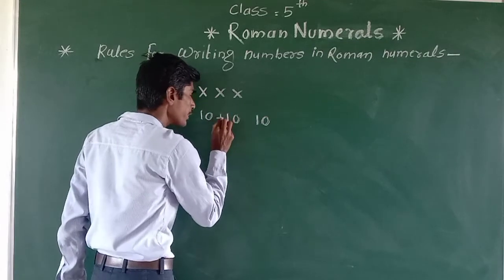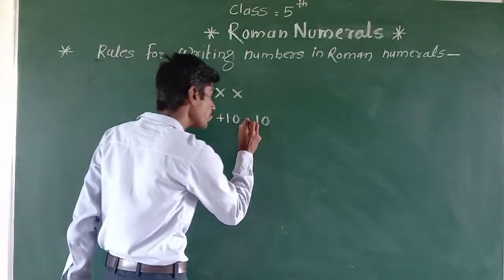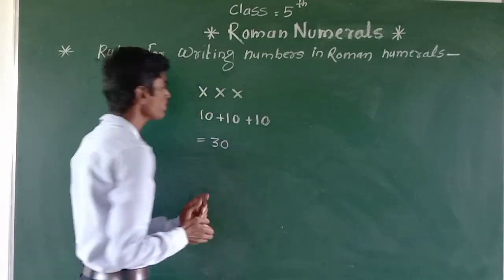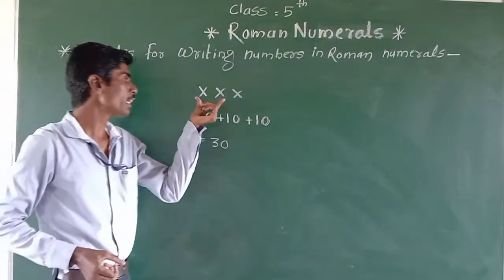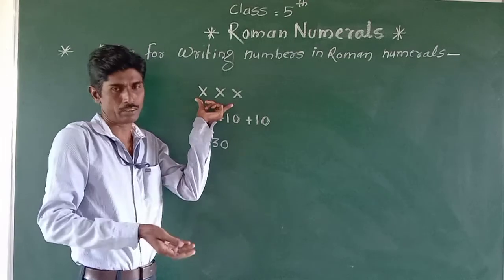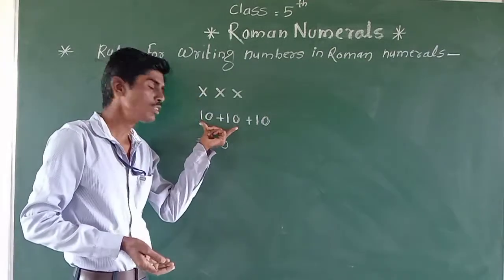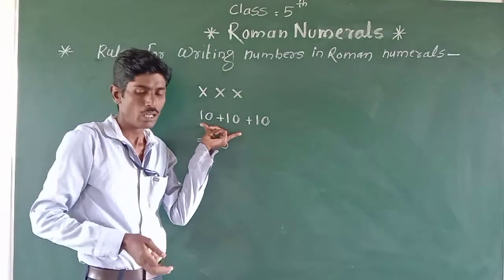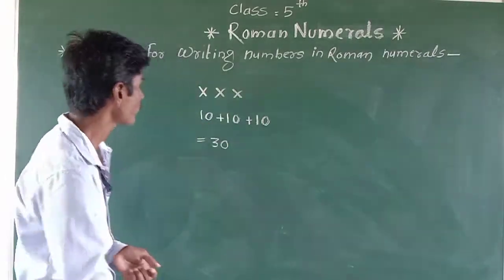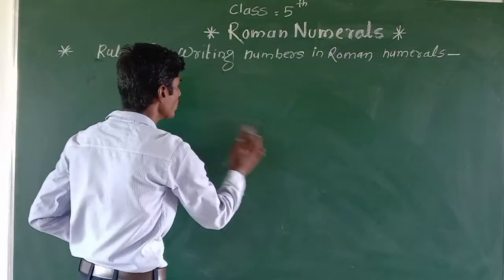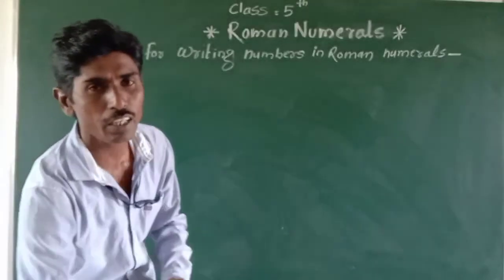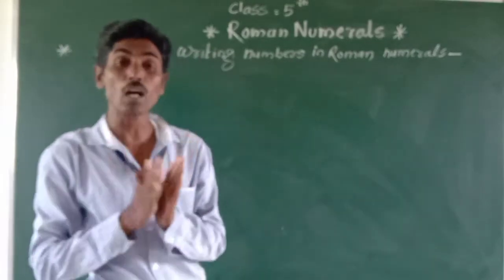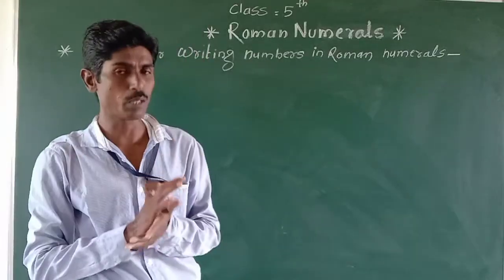So 10 plus 10 plus 10 is 30. So when symbols are repeated, we have to add the numbers.